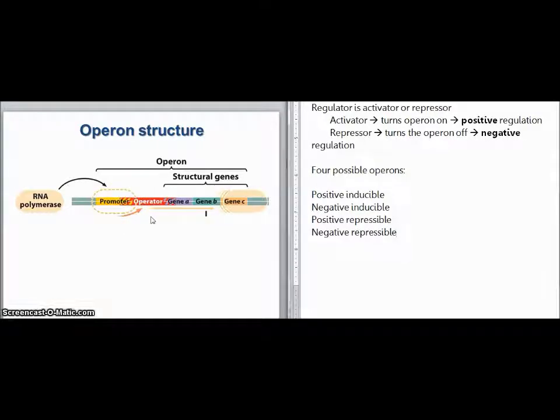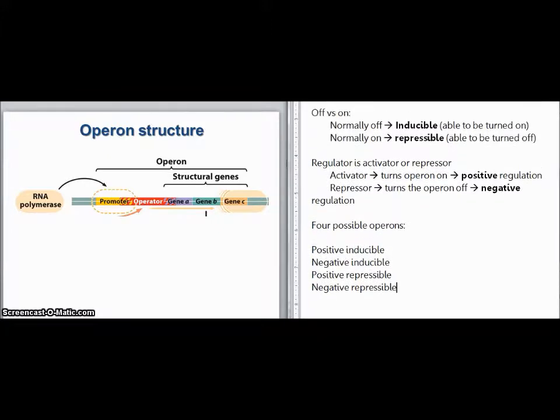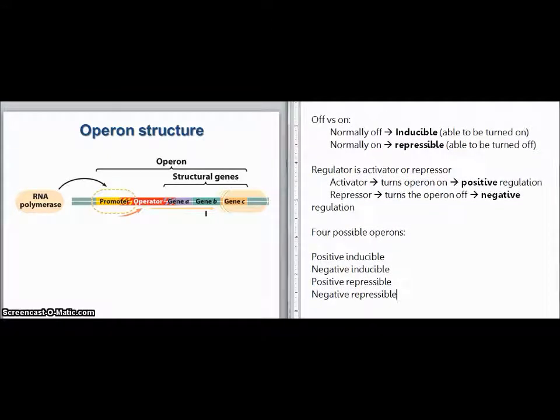or if it's not. So let's just say we have an operon that is generally off. What kind is it? Let me go back. Is it inducible or is it repressible? If it's normally off, it's inducible, which means that we have to turn it on.